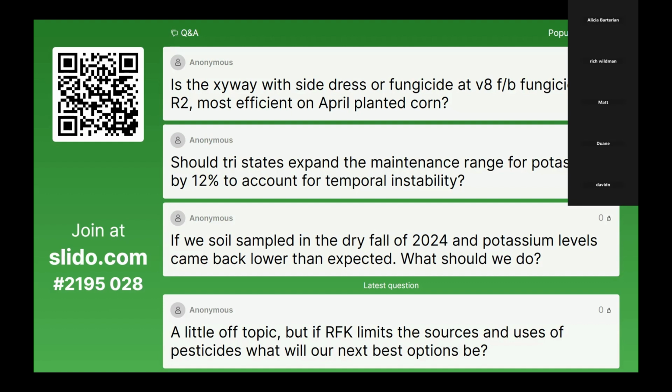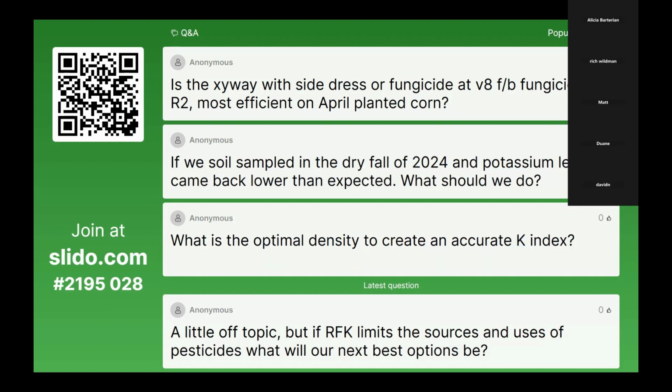Yes, I got that. I'll let you handle the one down there. If we soil sampled in dry fall 24 and potassium levels came back lower than expected, what should we do? My answer always is, it depends. If it's really, really bizarrely off, then we probably should resample it and see what's going on.